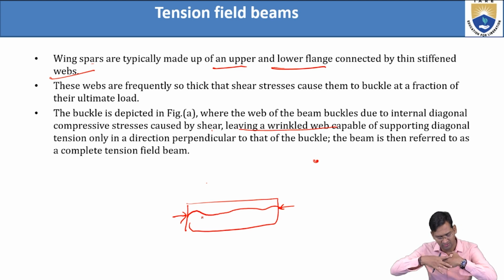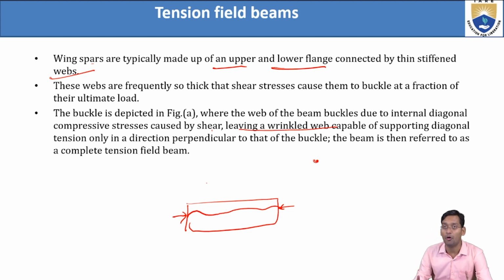Right now the skin is stiff, but after compressing, wrinkles form. That is called buckling, and it will buckle only up to a certain limit. Once we apply more and it reaches the ultimate stress and crosses it, fracture will occur.